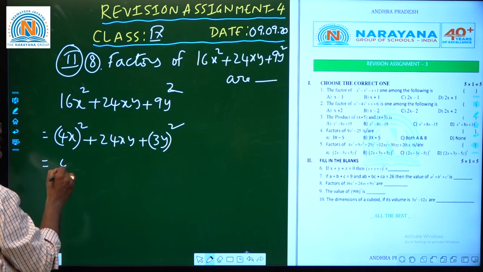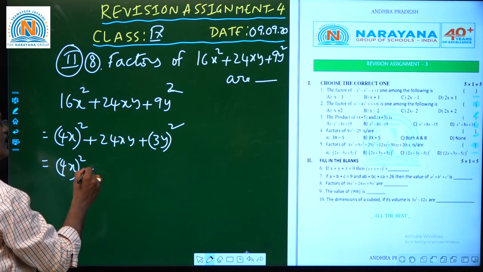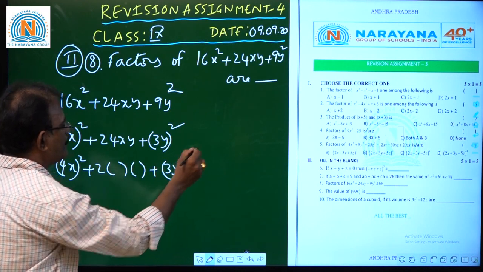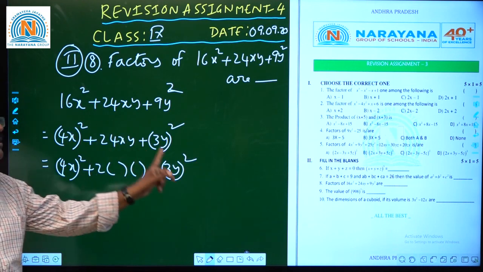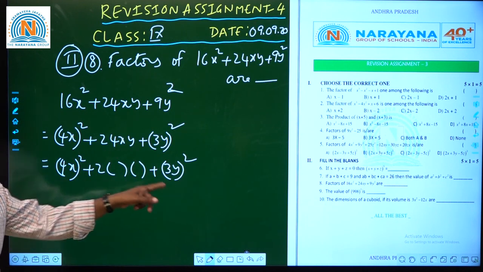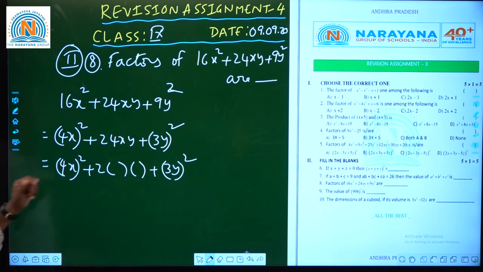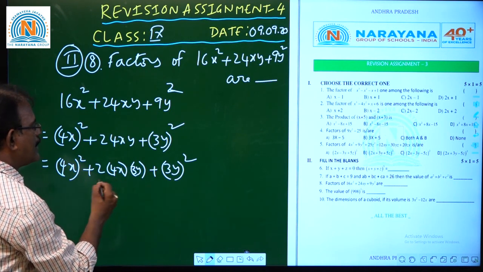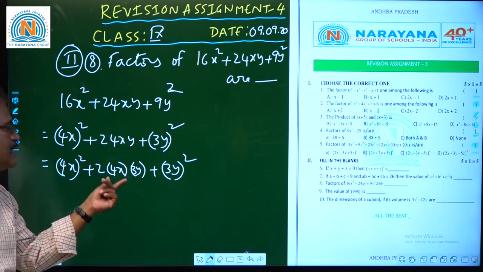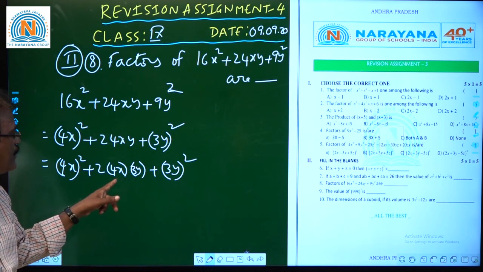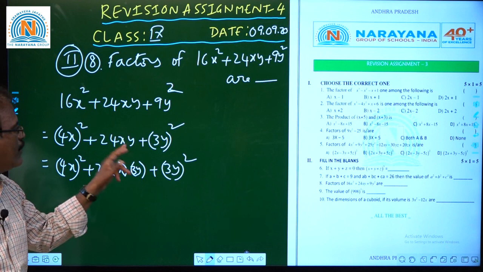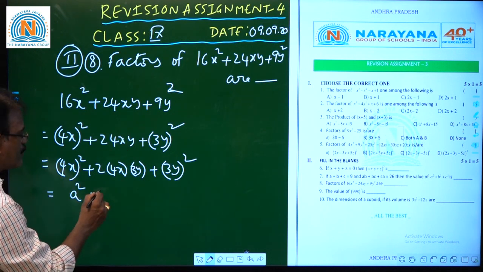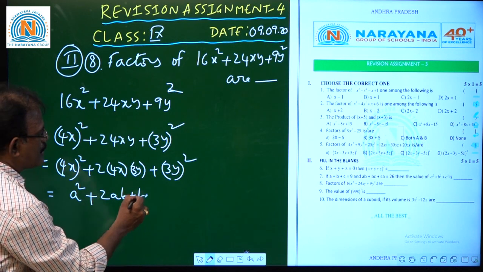Now this is a square, then this is 2ab, then this is b square. We can identify the extreme terms as perfect squares. So let us take a here and b here and multiply to verify whether the middle term is equal to this product or not. 2 4s are 8, 8 3s are 24, x into y, xy, children. So this is in the form of a square plus 2ab plus b square.